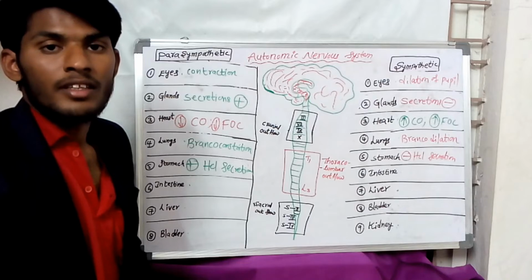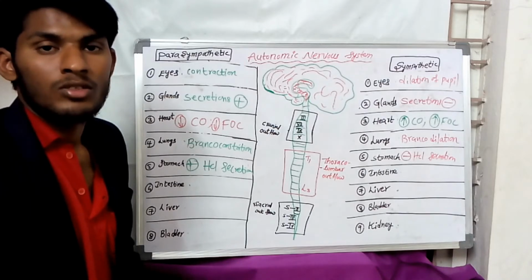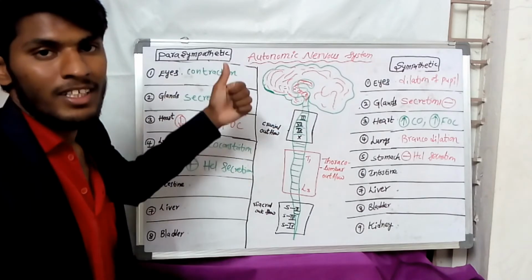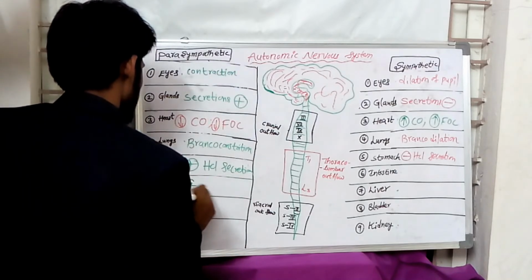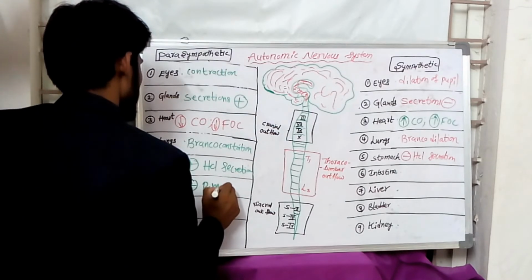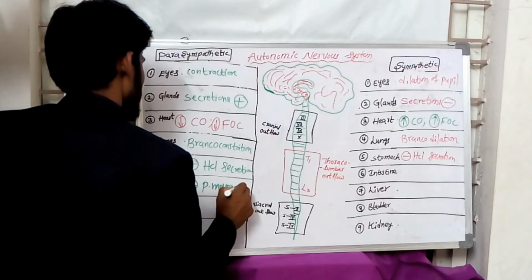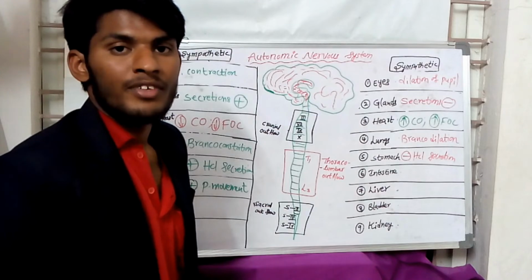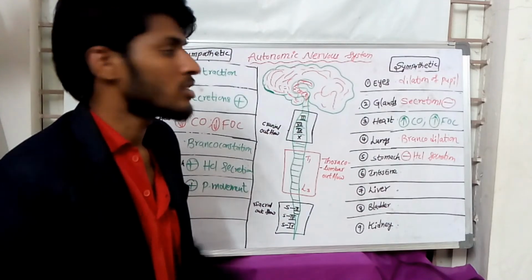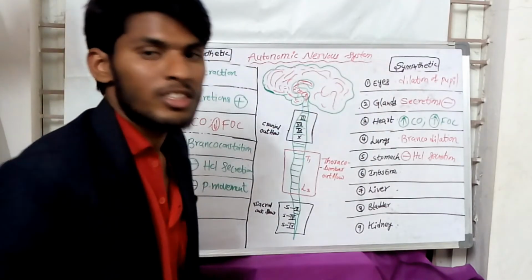In the case of the intestine, the peristaltic movements of the GIT are going to increase in the parasympathetic nervous system, whereas the peristaltic movements of the GIT are going to decrease in the sympathetic nervous system.